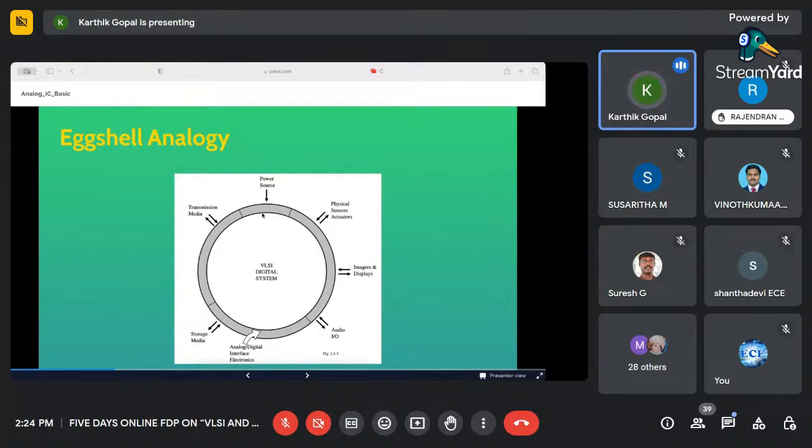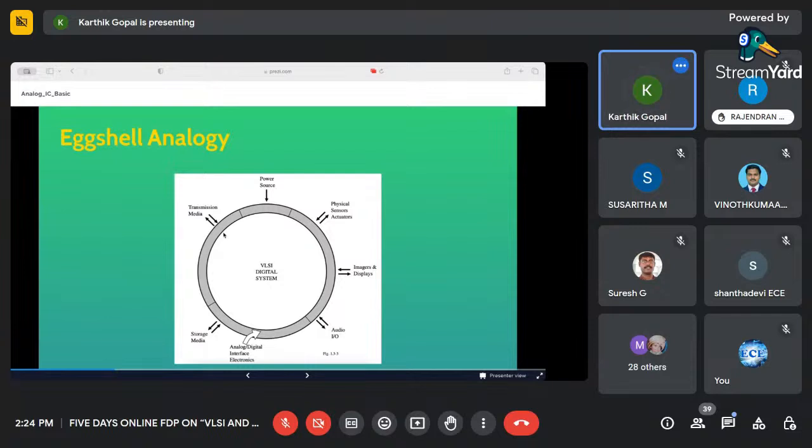Amplification is analog, right? You also have an FM receiver where you receive different FM stations, so that is analog. Everything over the air is analog. If you take any kind of media or application, analog is a must. Inside sits the VLSI digital system. Analog interacts with the external world.